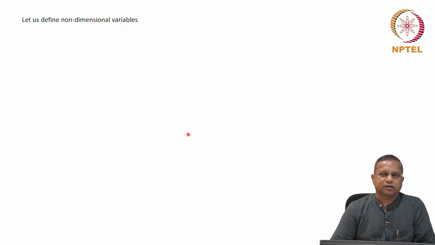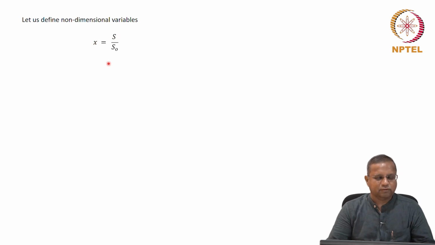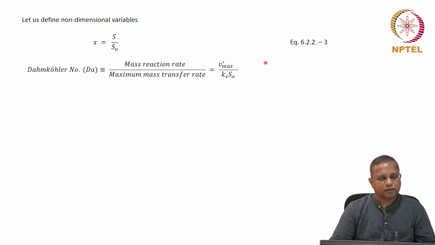We have been doing things with non-dimensional variables. We know that it generalizes solutions to a larger extent, and so let us do that here also. Let us define non-dimensional variables as follows. The substrate concentration non-dimensional variable x as S by S naught, normalized with respect to bulk substrate concentration, equation 6.2.2 dash 3.